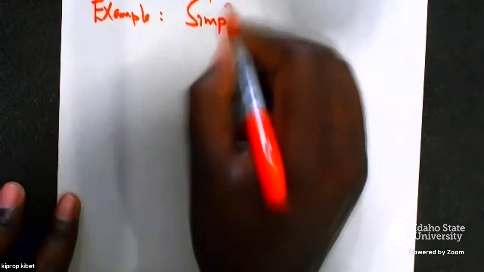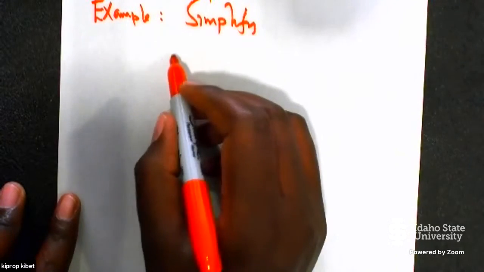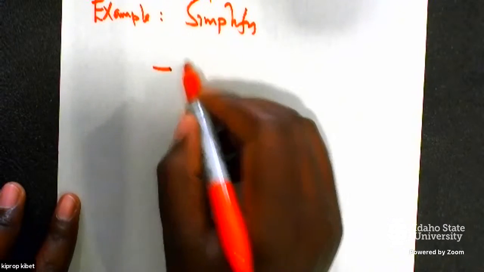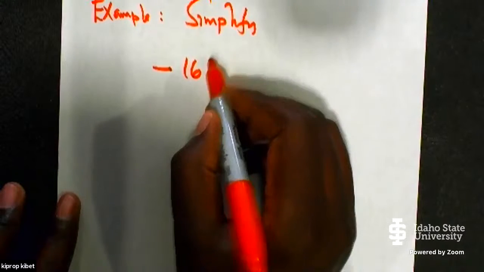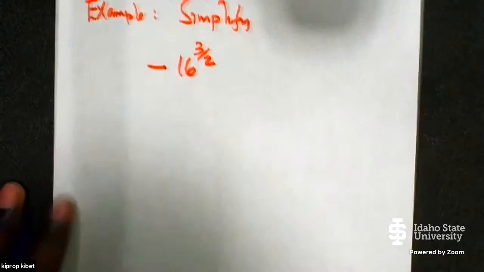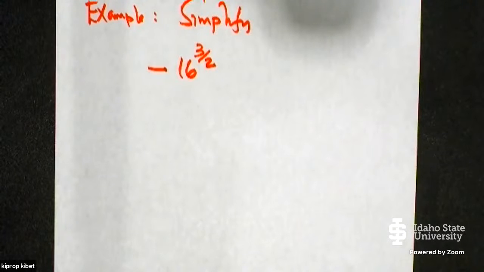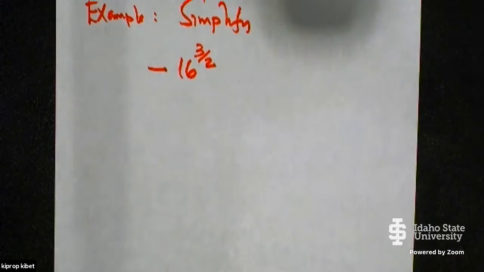Another example. Simplify negative 16 raised to 3 all over 2. So how should we simplify this?